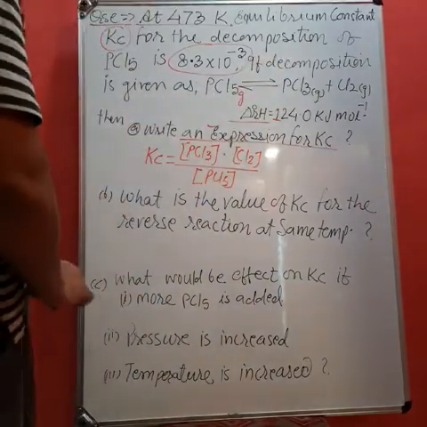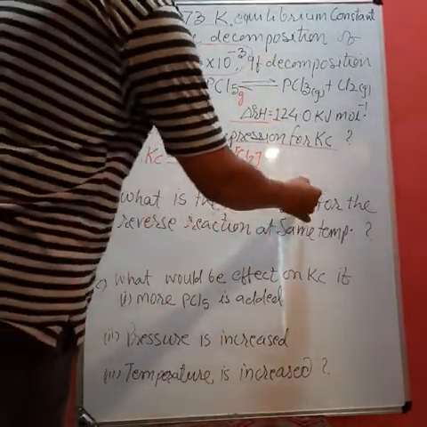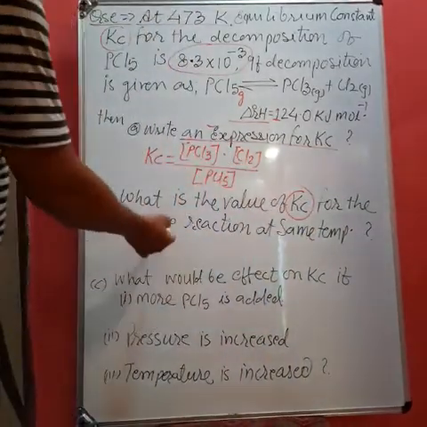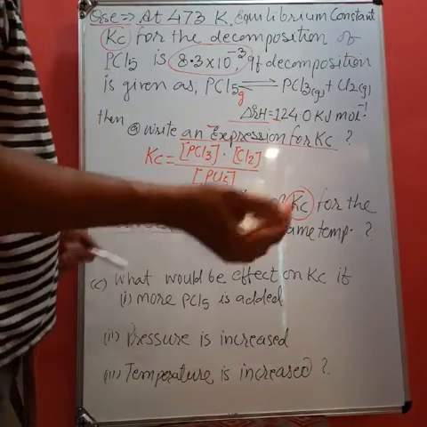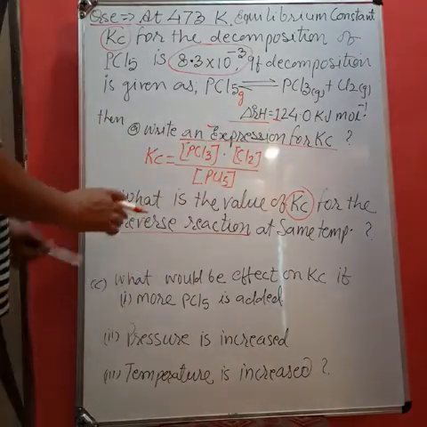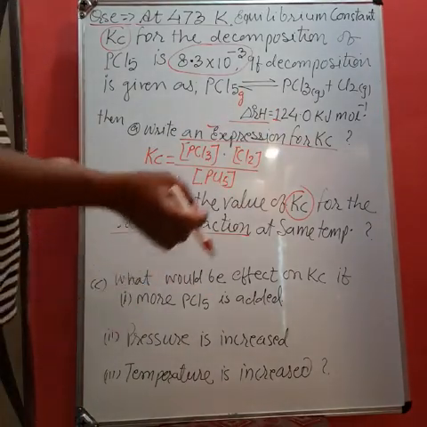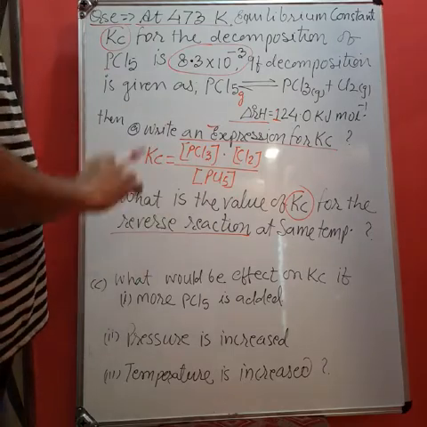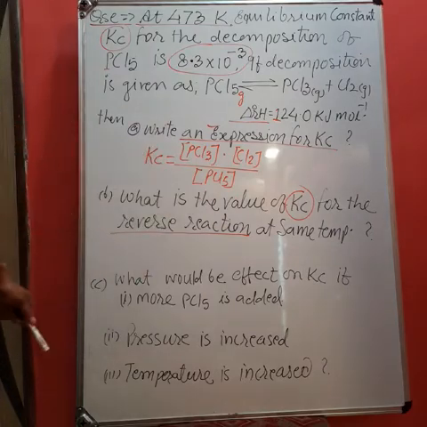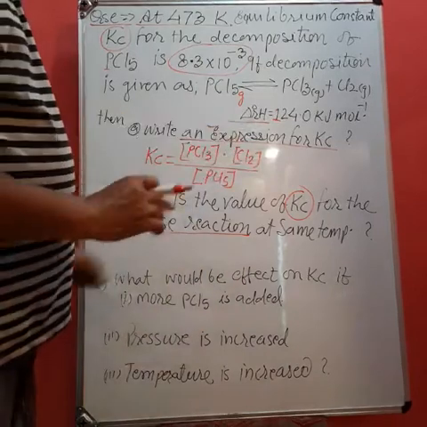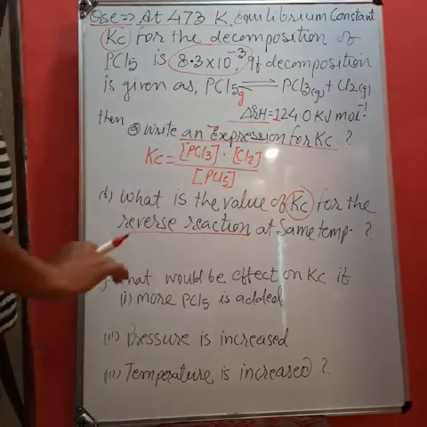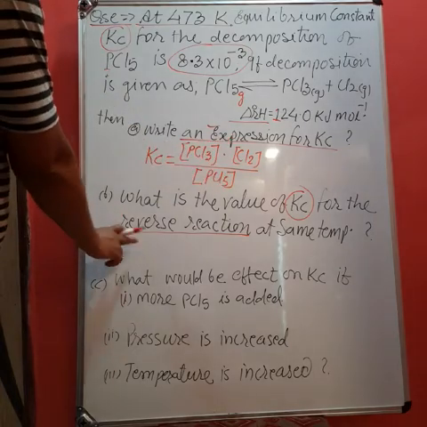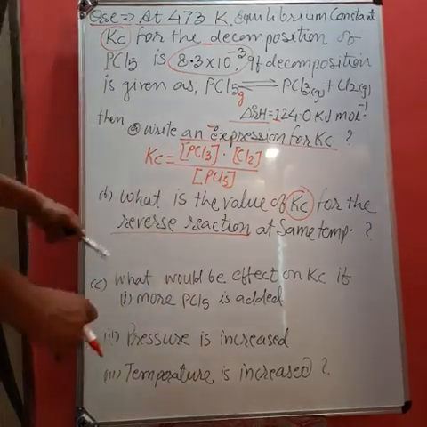Question number 2: what is the value of Kc for the reverse reaction? For the reverse reaction, student, again I am telling you that the question requires many concepts of this chapter. What are the characteristics of Kc? There were 4 characteristics of Kc we have already discussed. Out of these, one of the characteristics is given here, reverse reaction.